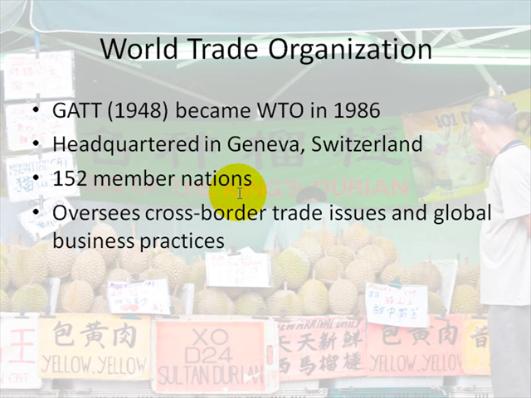You won't need to know dates or anything like that, but I think it's important to understand that the GATT evolved into the World Trade Organization, because you'll hear GATT a lot when you start talking about global business, and it's just referring to periods of time or agreements that were made a very long time ago, back in the 40s.